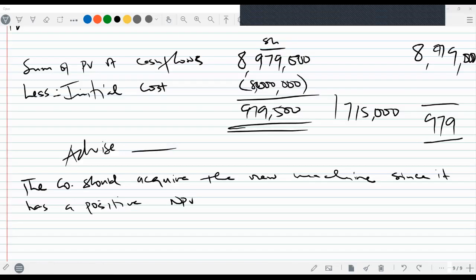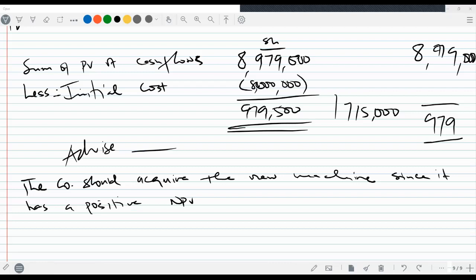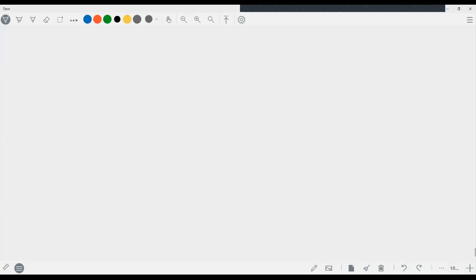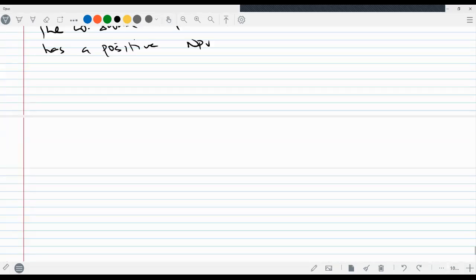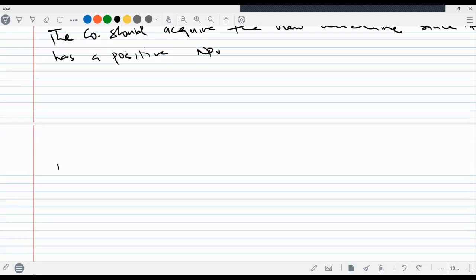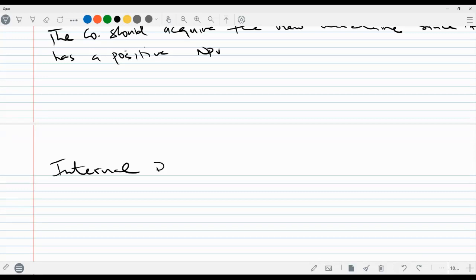On the internal rate of return. Therefore, our next appraisal method is the internal rate of return, simply called the IRR.